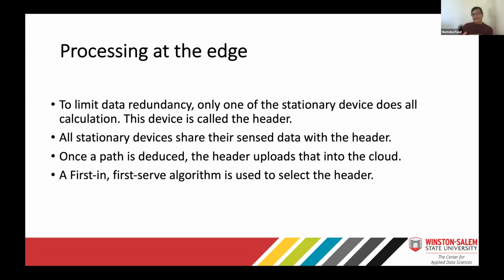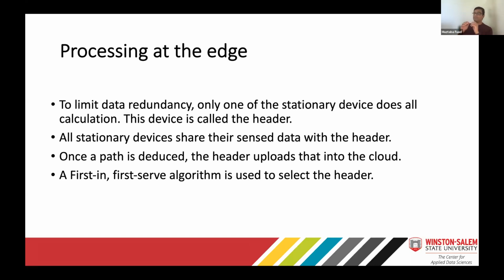Along with that, we are also doing a couple of other things. First of all, our goal is to do data redundancy with beacons. You can't do that over here. One of the stationary devices actually processes all that information, the aggregation and all of that. We call it the header.